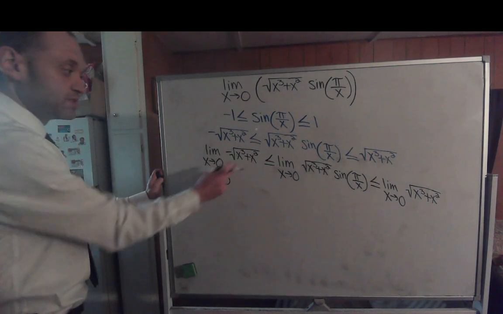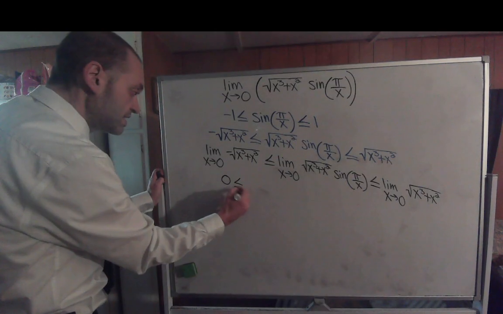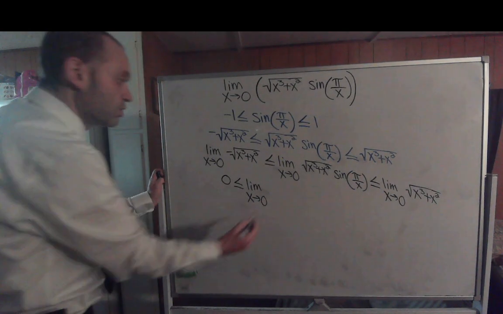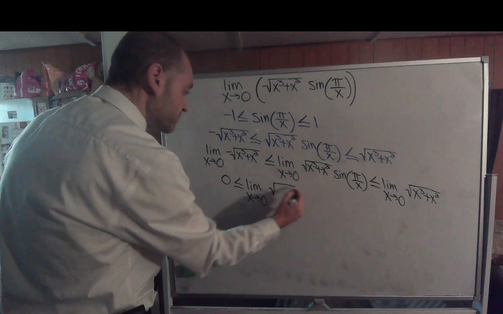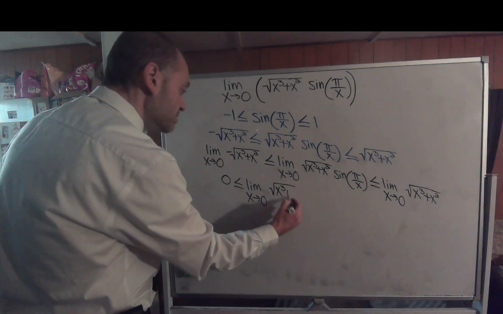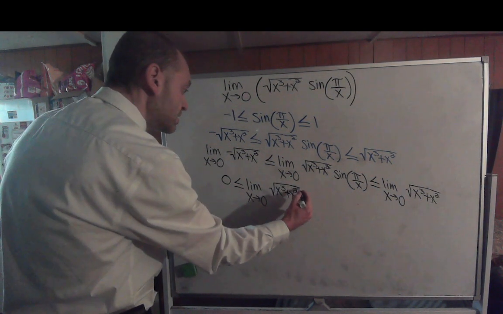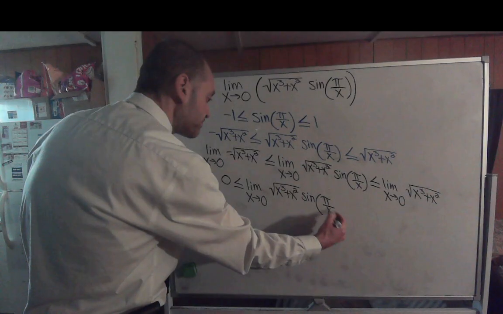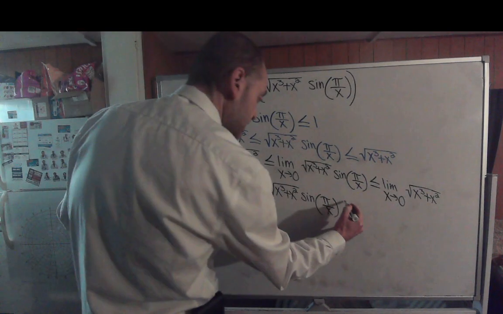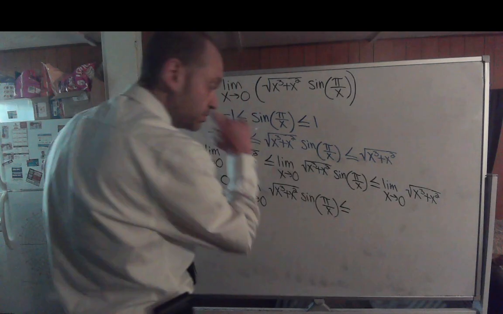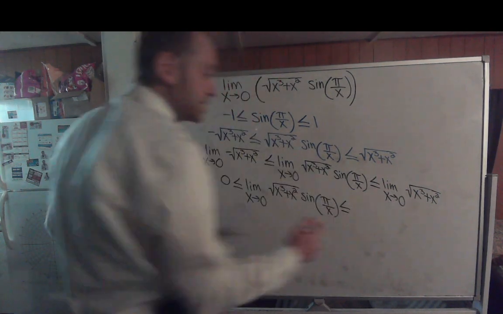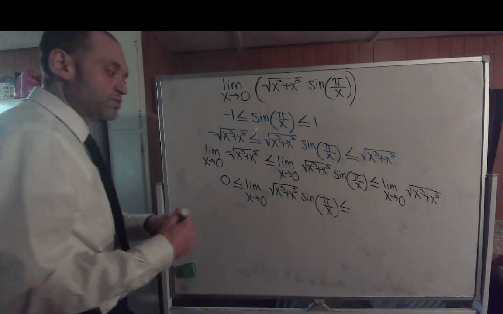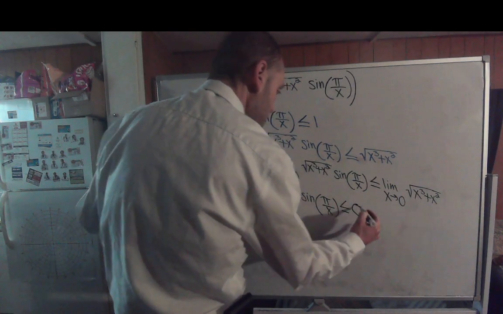If you substitute 0 in, that would be less than or equal to the limit as x approaches 0 of the square root of x cubed plus x squared times the sine of pi over x, which would be less than or equal to, for the right piece here, the limit as x approaches 0 of the square root of x cubed plus x squared. We can use direct substitution and get 0.